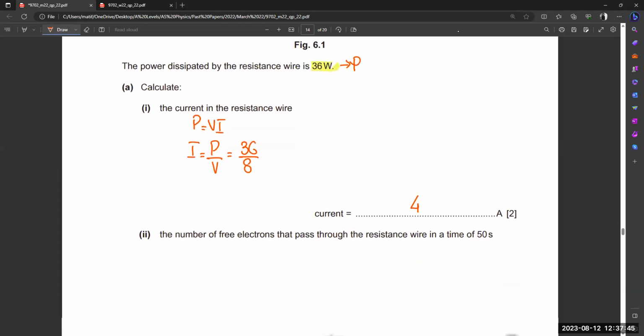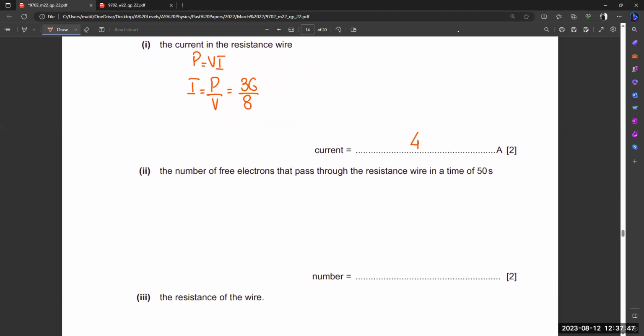Okay. And the next part is the number of free electrons that pass through the resistance wire in a time of 50 seconds. So there is a value of time, 50 seconds, and you need to calculate the number of free electrons that pass through the resistance wire in that time.